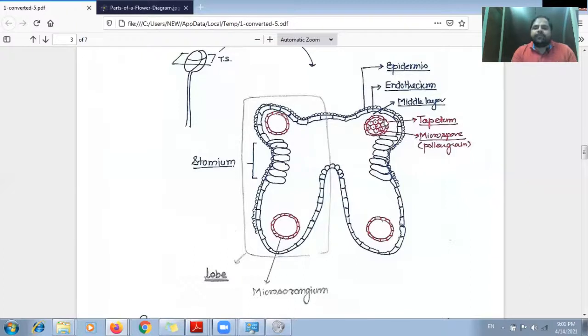And when we talk about the microsporangium, it is encircled by a special kind of cell called the tapetum, and inside this encircled structure there are a lot of microspores or pollen grains. So this is all about the structure of an anther.